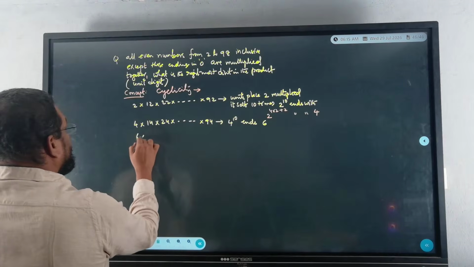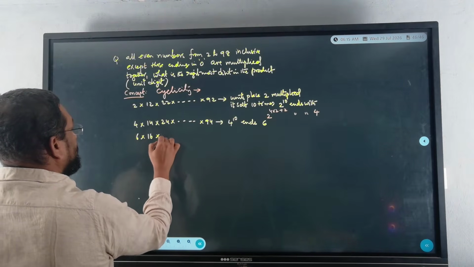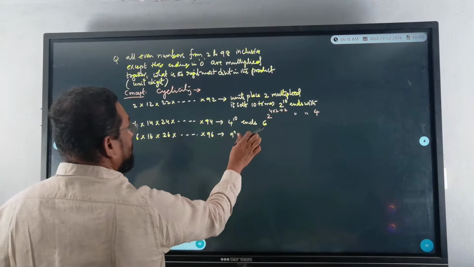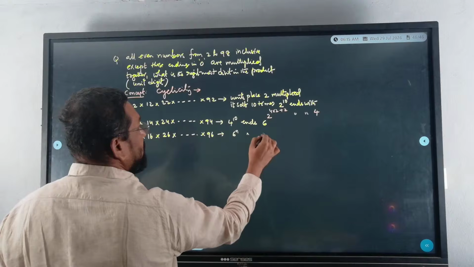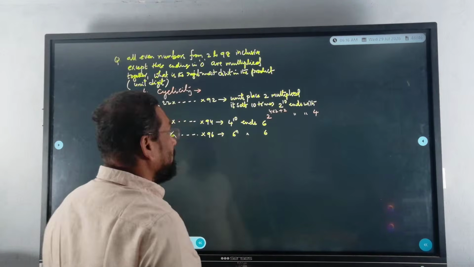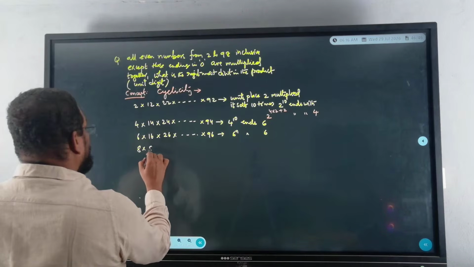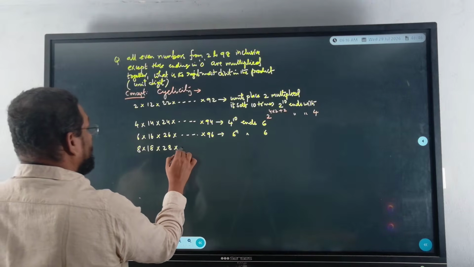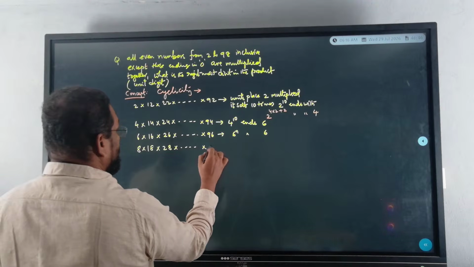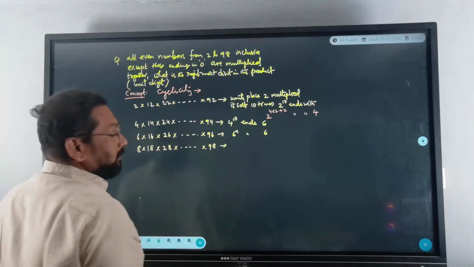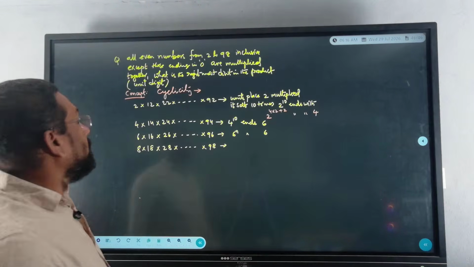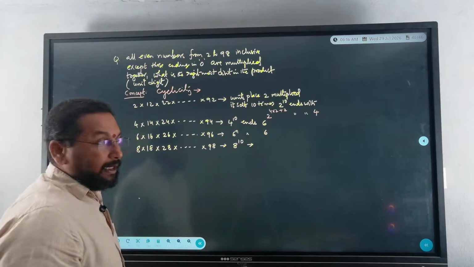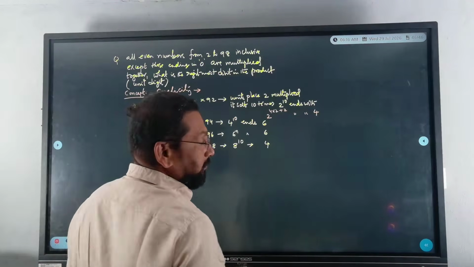Next, 6 into 16 into 26 and so on into 96. 6 power n ends with 6. Then 8 into 18 into 28 and so on into 98. So 8 power 10 ends with 4.